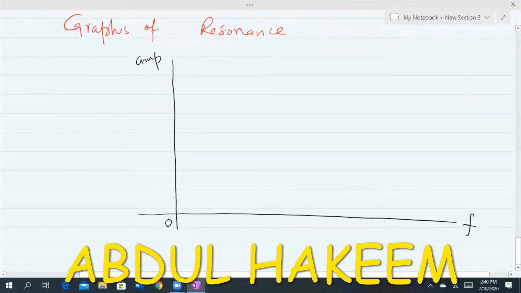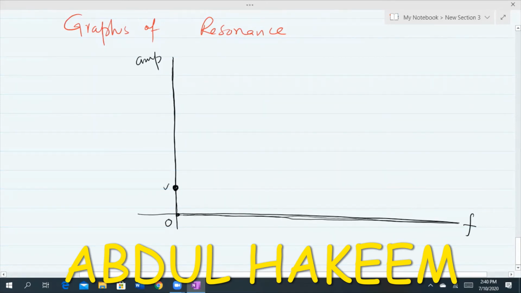So this is the frequency of the externally driven system. When it is switched on, it starts from 0, gradually it increases. And this is the amplitude of the naturally oscillating system. Initially, when the external system is switched off, the object is oscillating with a certain natural amplitude. So this is the natural amplitude.